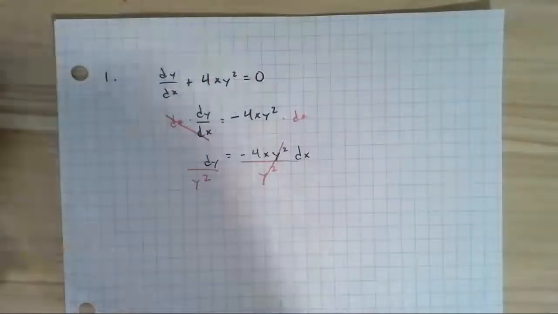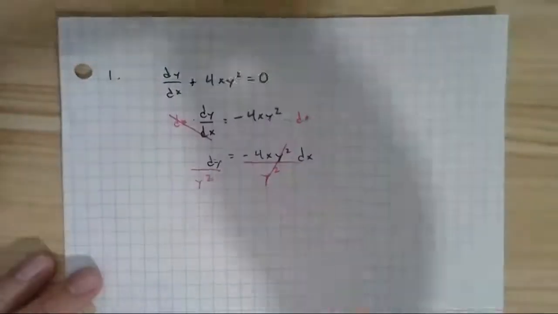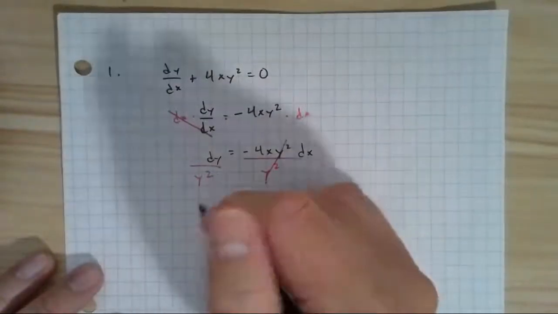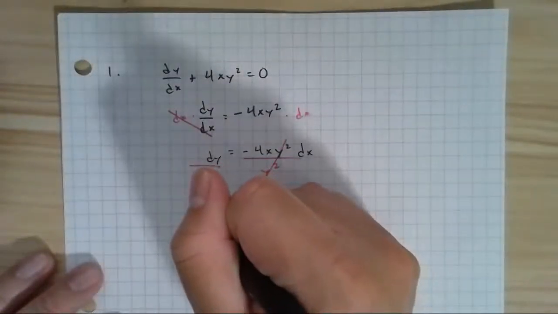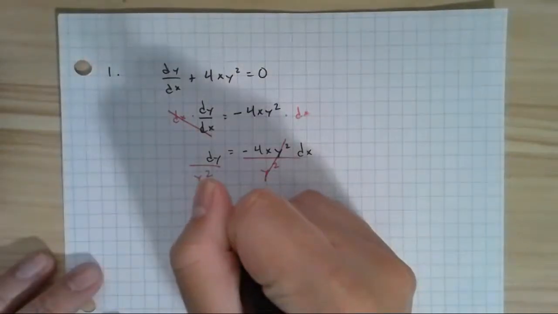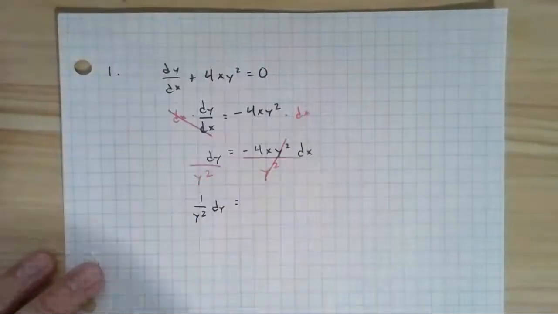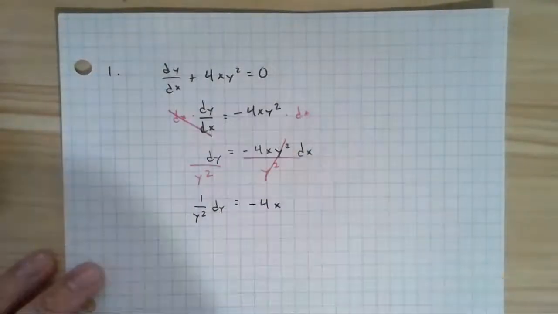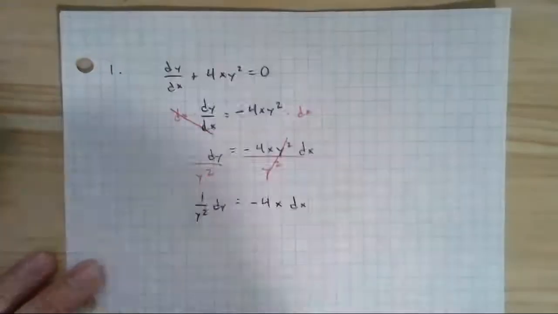The y squareds will cancel there. And so another way to rewrite that is 1 over y squared dy is equal to negative 4x dx.